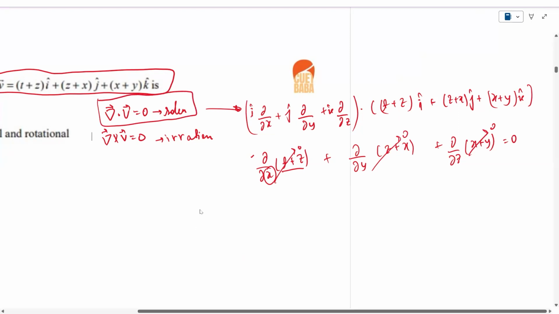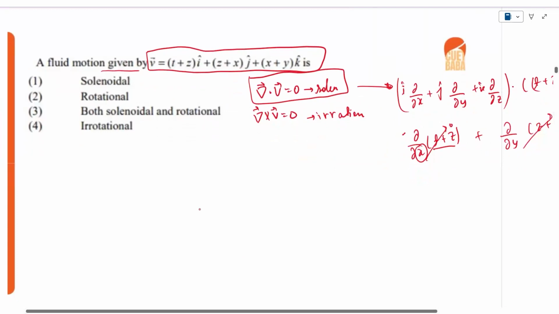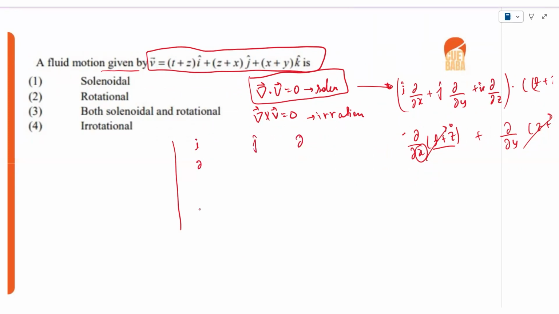And now let us check for the irrotational. So for irrotational, i cap, j cap, k cap, del by del x, del by del y, del by del z, and t plus z, z plus x, and x plus y.